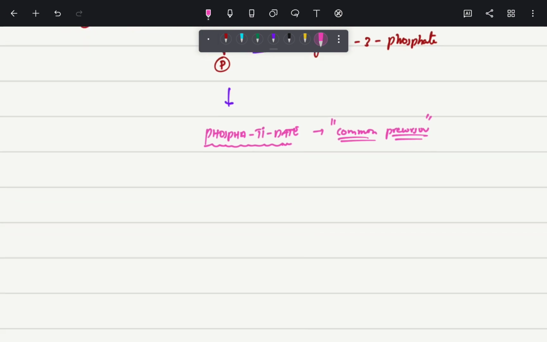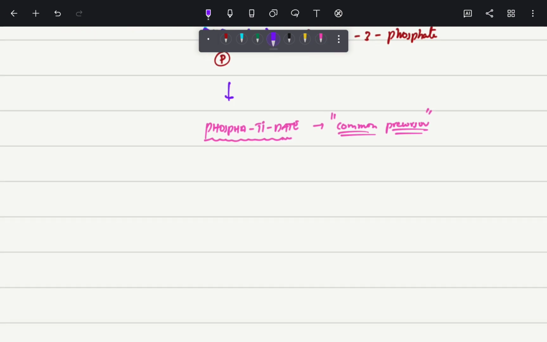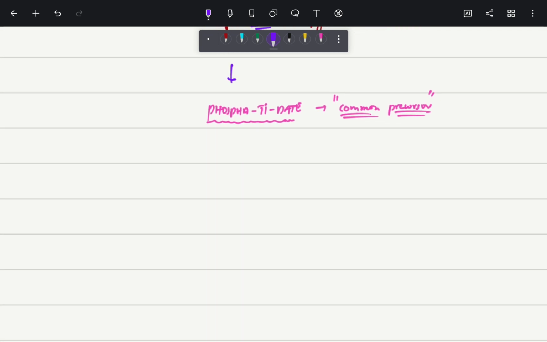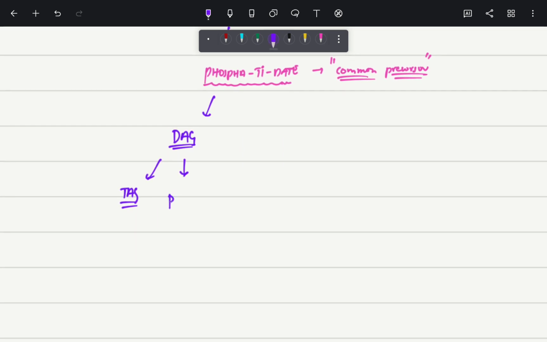By everything I mean, from this phosphatidate we can synthesize diacylglycerol, and from this diacylglycerol we can synthesize triacylglycerol, and similarly we can synthesize phosphatidylcholine and phosphatidylethanolamine, which were the components of your lipid bilayer.